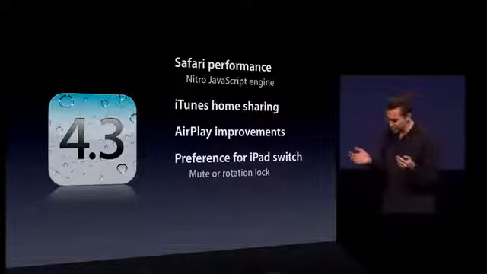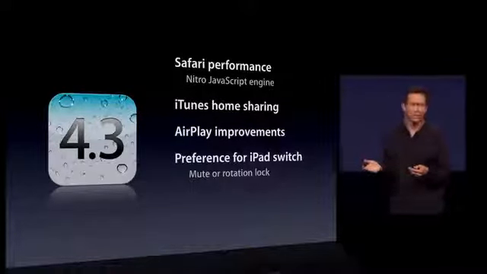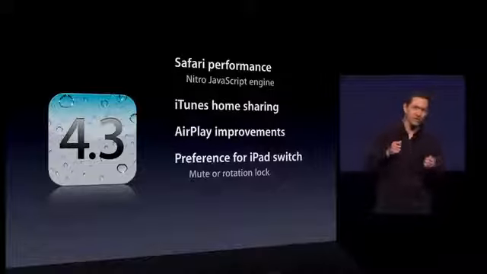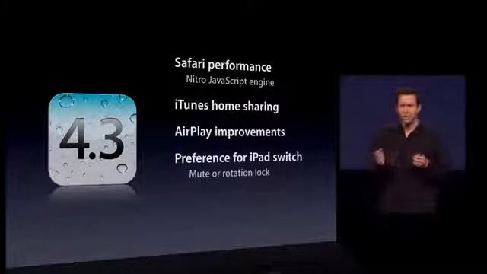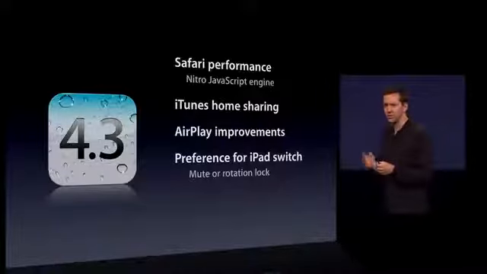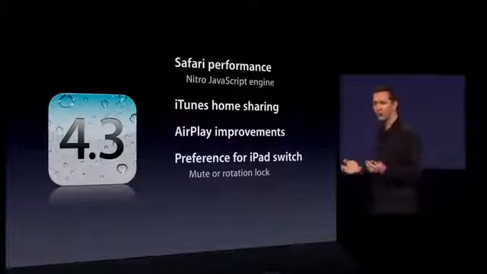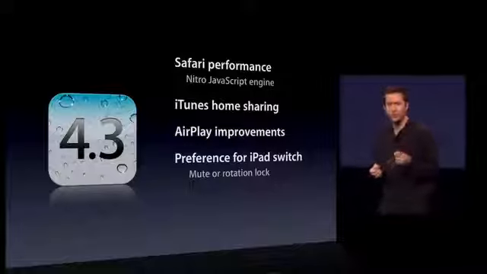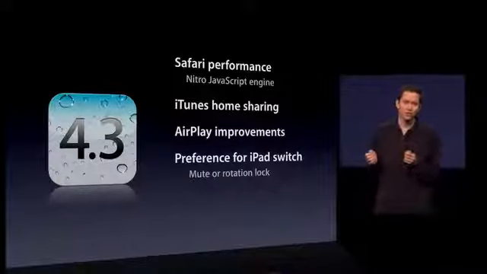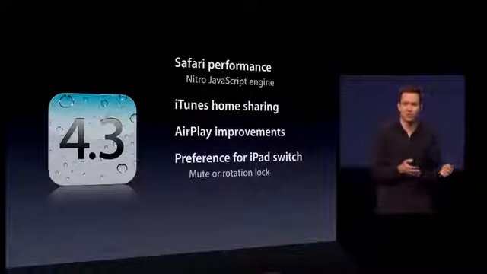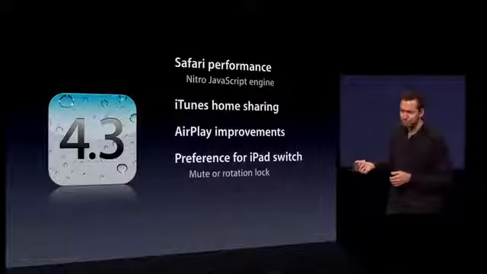Let's say you're sitting on the couch and reading a book in iBooks, and you might lie down on your side, and they don't want it to rotate into landscape. And so they want a really fast hardware switch to do that. So in iOS 4.3, we're enabling users the preference so they can choose to assign whichever of those two functions they prefer to that slider switch.